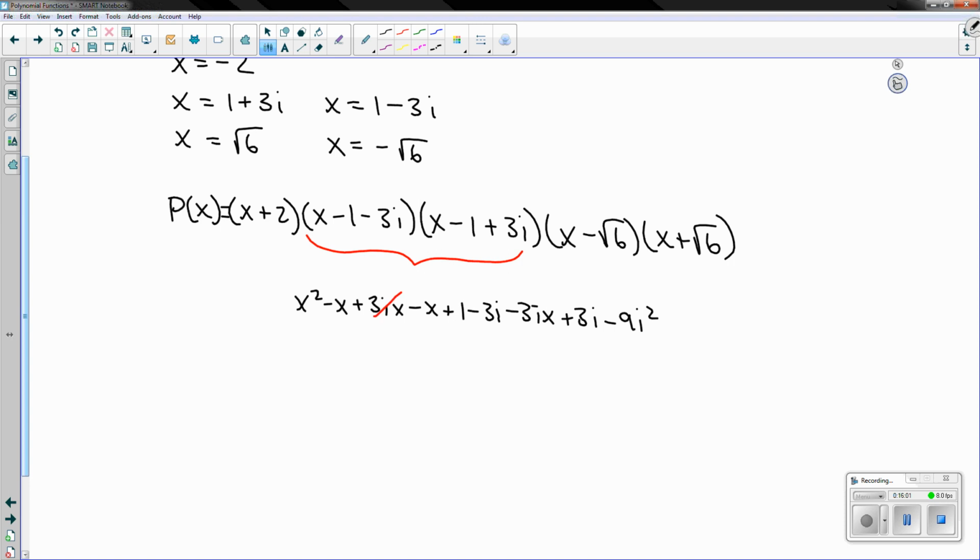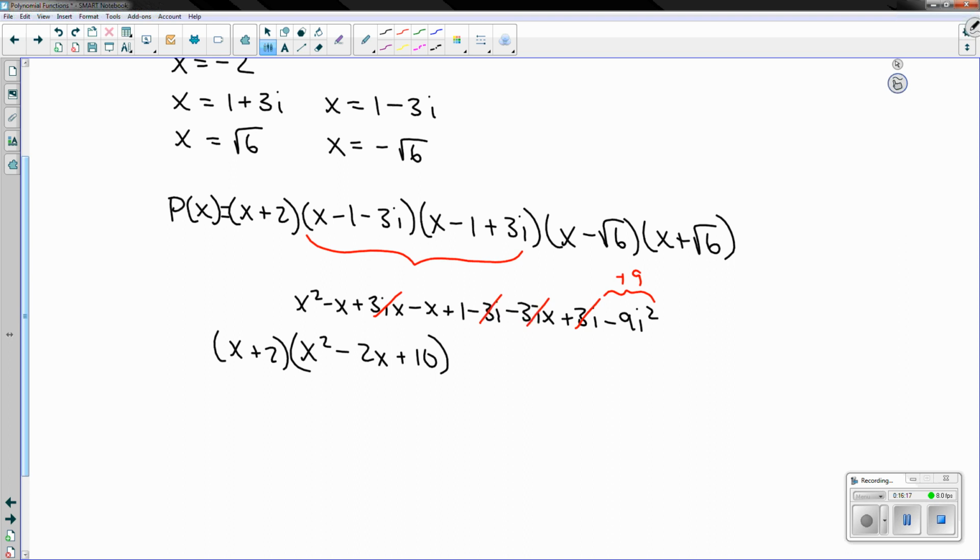The i's should cancel. I squared is negative 1, so this is plus 9. Combining like terms, that's where we're going to get from multiplying the middle 2.